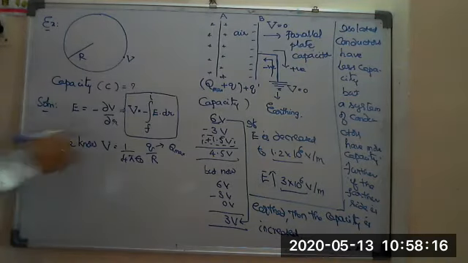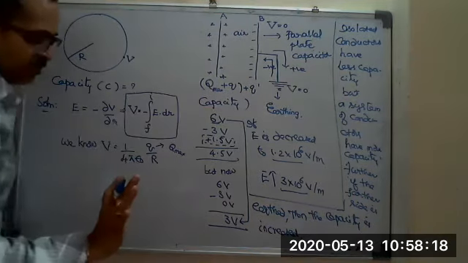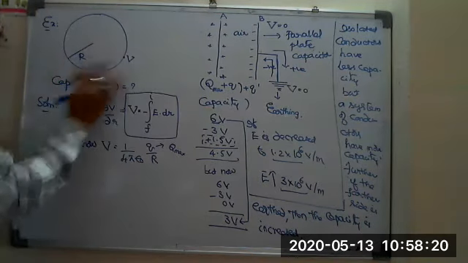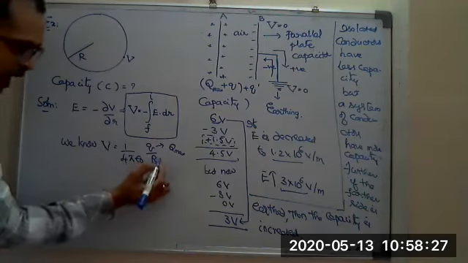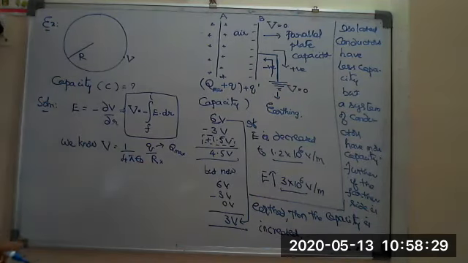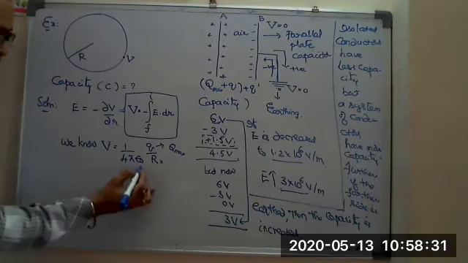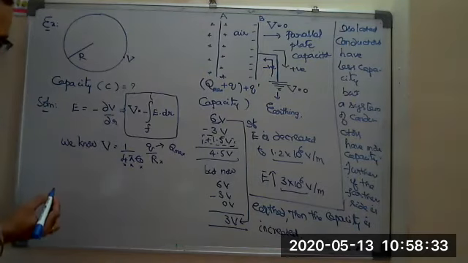Okay, that is how I did here. Same way, here I'm not interested to change the dimensions, means I'm not interested to change the radius. So R, I'm keeping constant. Okay, 4 pi epsilon naught, they are constants.